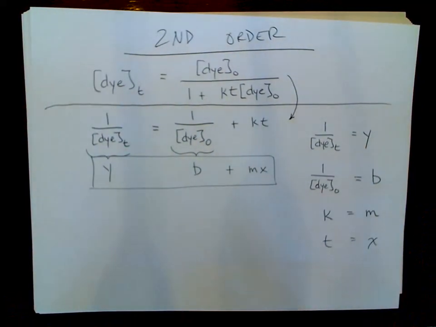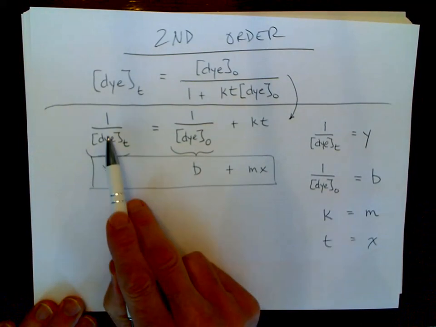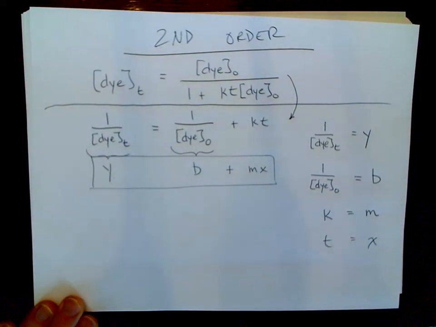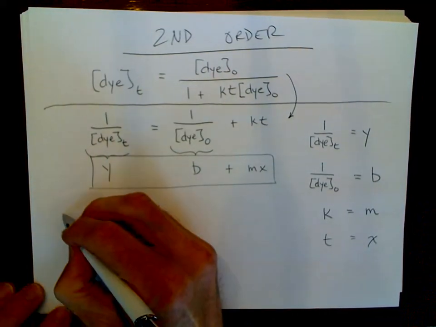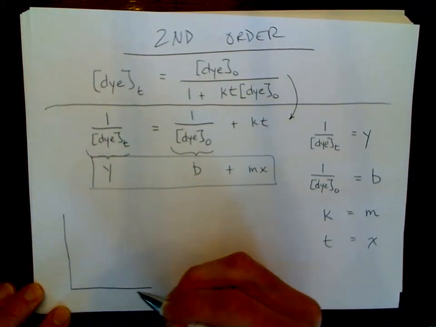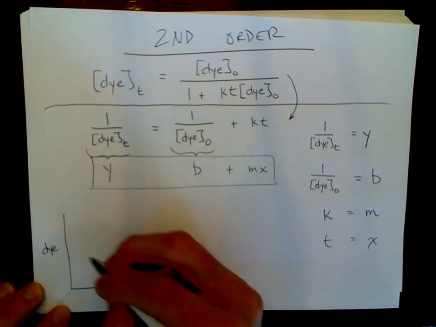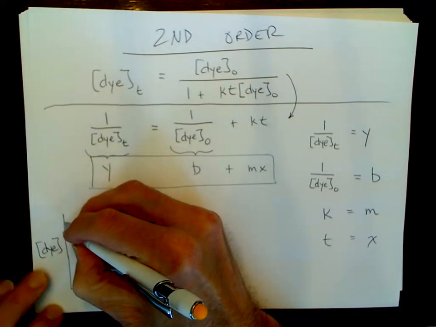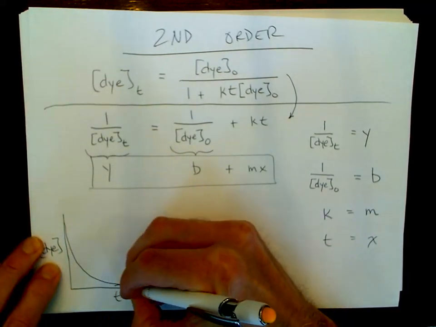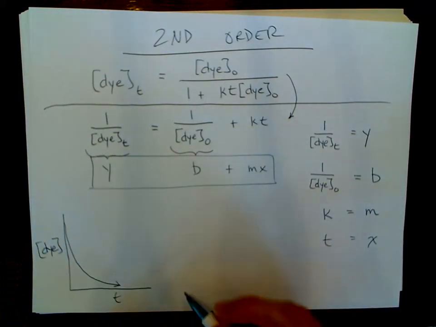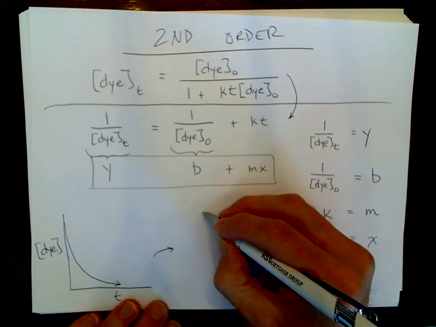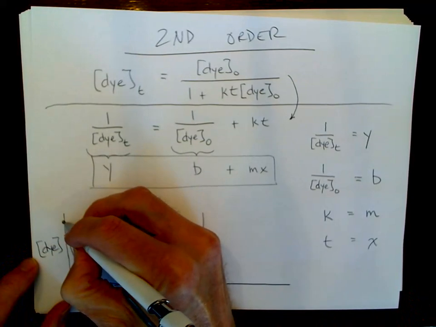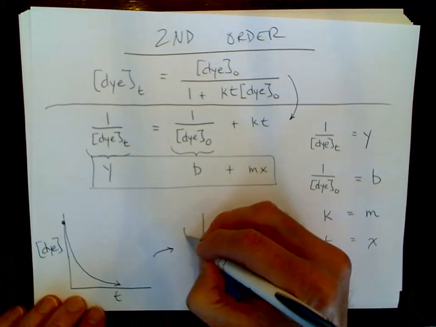So in this case, the mathematical form of the dye concentration we plot on the y-axis is 1 divided by the dye concentration. Again, we're going to take our original data, which is the dye concentration versus time. That's going to look very curved in a second order process. To linearize it, instead of taking this dye concentration, I take 1 divided by the dye concentration.